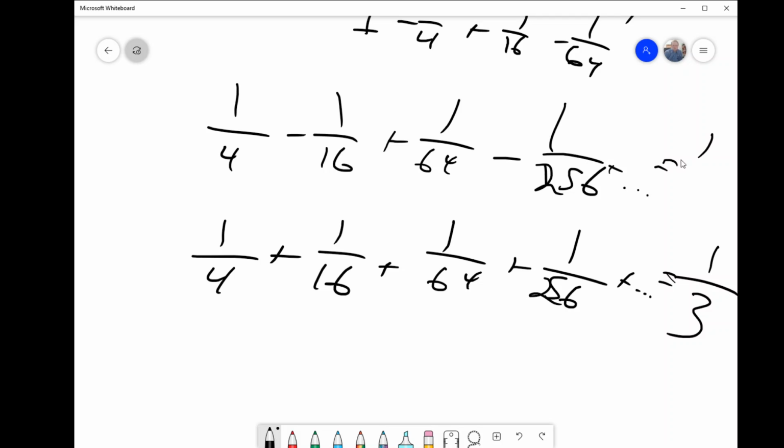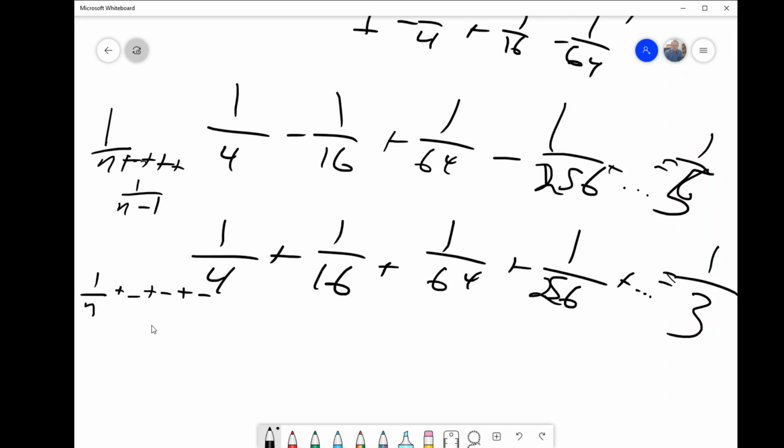Whereas if you alternate, you get 1/5. Sorry. So if you have the 1/n and you keep adding those up, adding every time, then you get 1/n minus 1. But if you have your powers of 1/n and you add, subtract, add, subtract, add, subtract in what's called an alternating sequence, then you get 1/n plus 1.